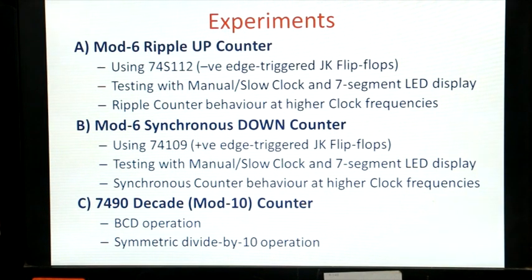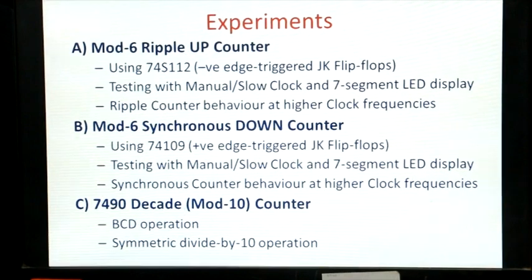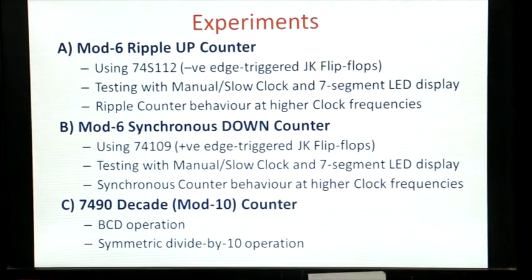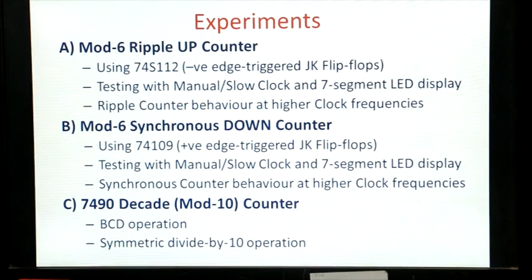So 0 to 9, that's a BCD. But at the same time, this counter has been designed in a very nice way such that you can also get a symmetric divide by 10 operation, which you cannot get in the case of a BCD operation. So these two operations of this popular 7490 decade counter we will see.